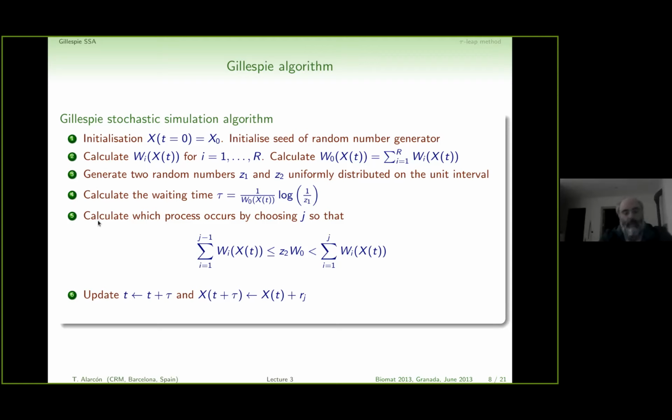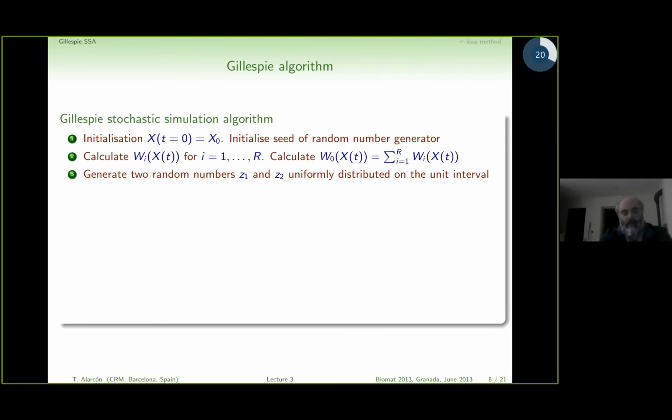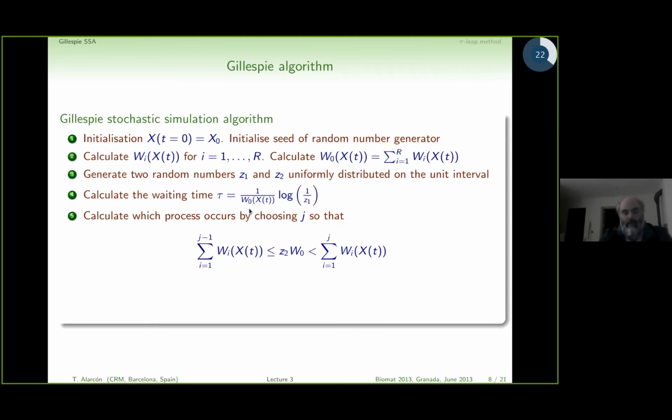Then you calculate the waiting time, and then you calculate which process occurs by choosing which process is going to occur in this way. So this is the way of sampling this probability distribution. Is this clear to everyone or not?